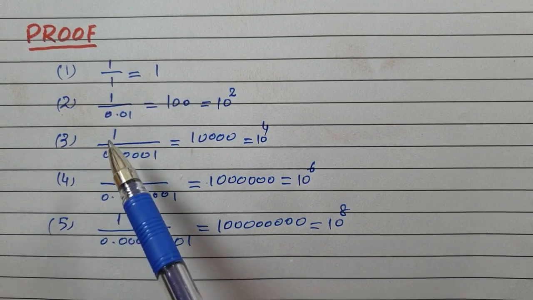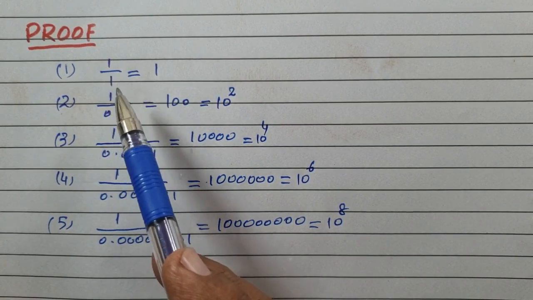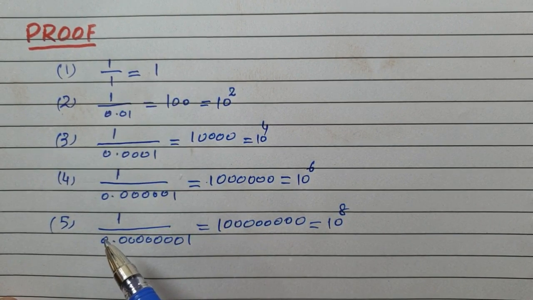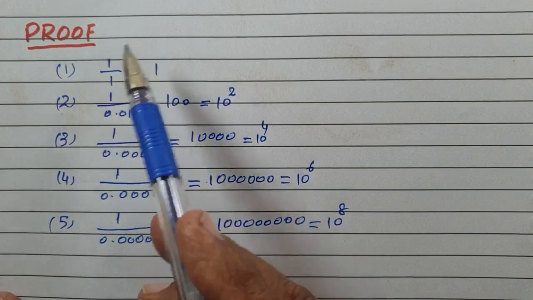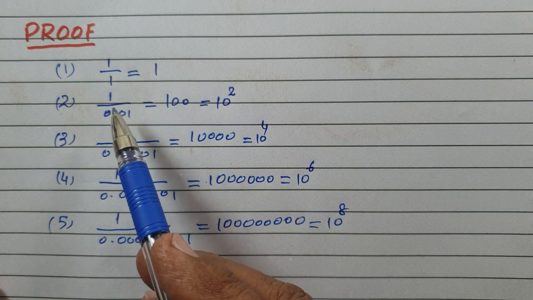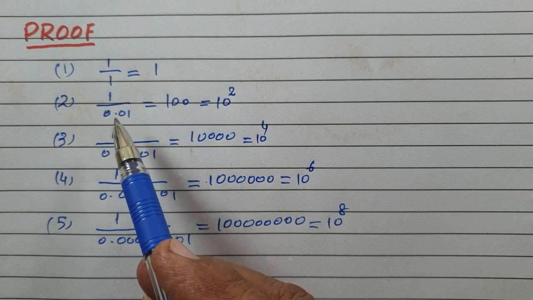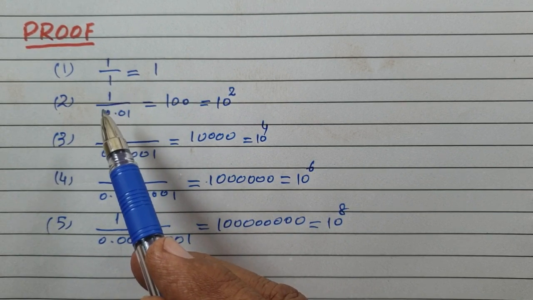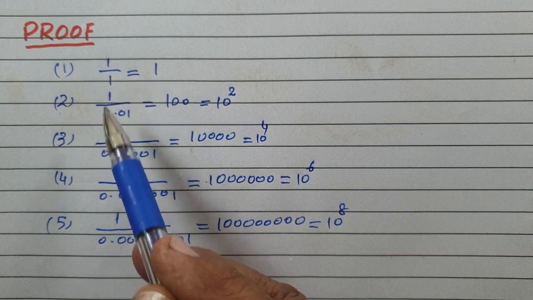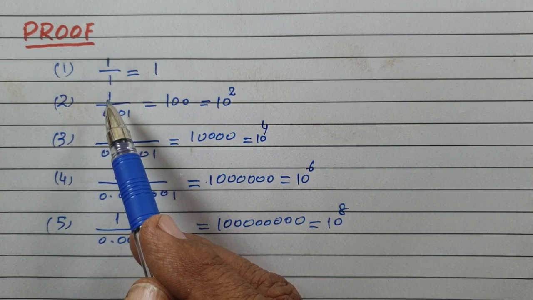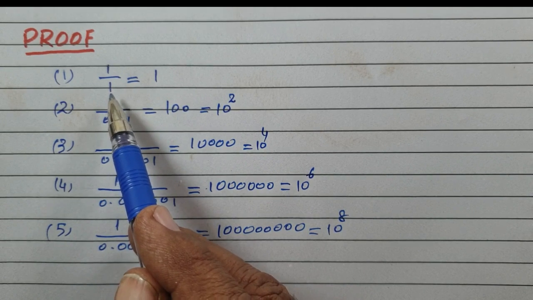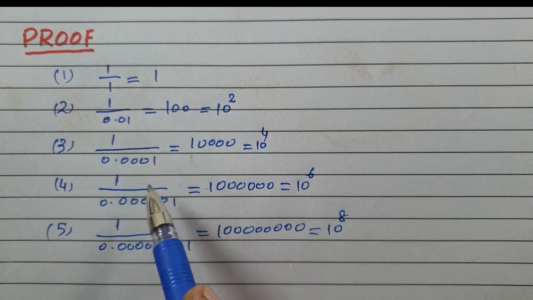You look here, the numerator is the same. We have taken 1 here for easiness. You may take any number at your end, no problem. But for easiness and for your better understanding, I take it as 1. And we go on decreasing the denominator from 1.